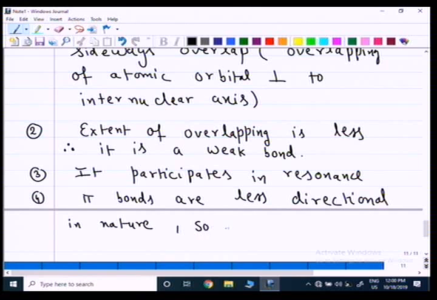So, they do not determine the shape of a molecule.